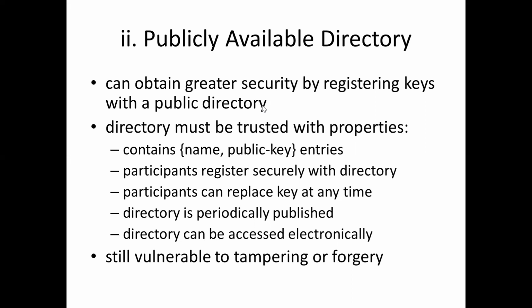Suppose there are 10 participants; the 10 participants have to register their keys in the public directory. Those who are registered in the public directory should have greater security for their keys. Here the directory must be trusted, with certain properties.